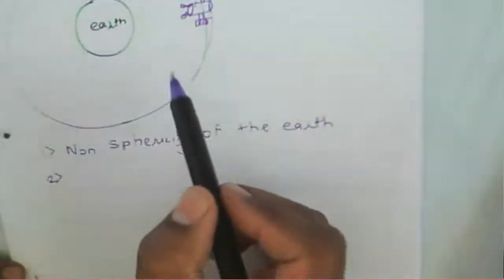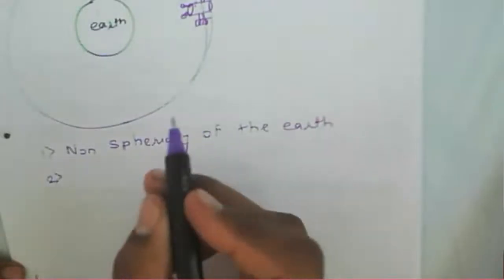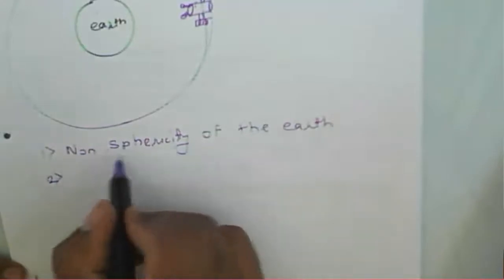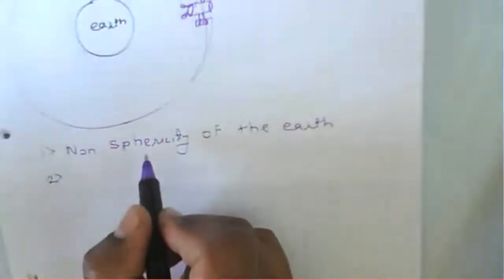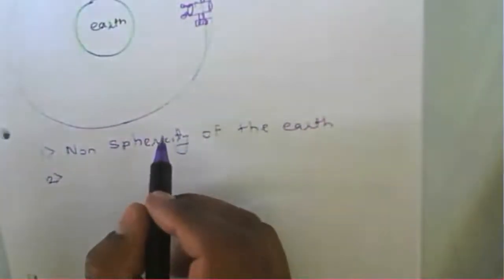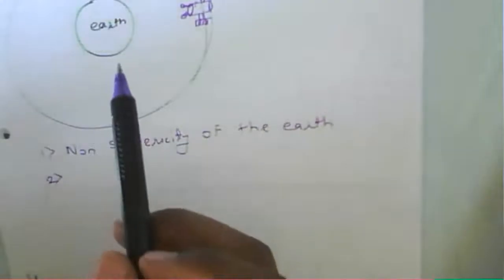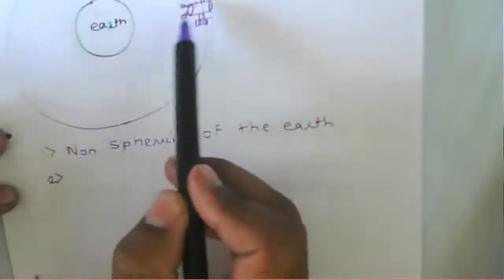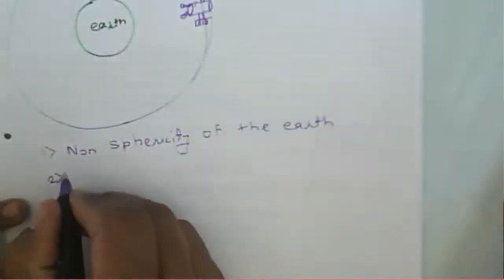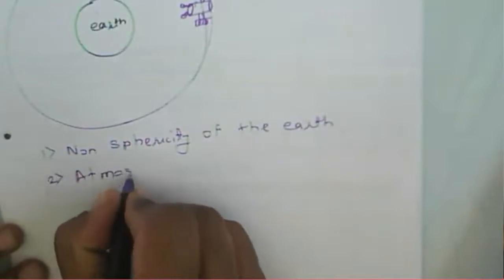Earlier we said that a satellite rotates in a given orbit, but the Earth is not a perfect circle. So because of that, the orbit is non-circular. There is a difference in the path, the altitude. That is nothing but non-sphericity. We'll see that in detail.